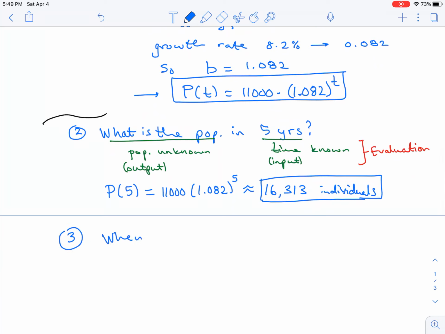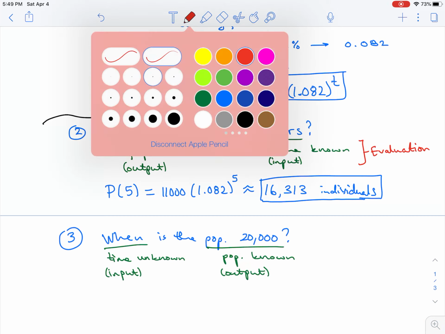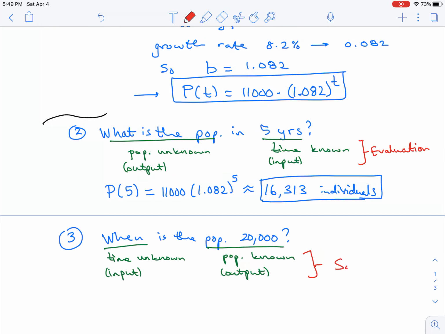Lastly, when is the population 20,000? So we look at this, population is known, population is the output, when means time is unknown, time is the input, and when your input is unknown and your output is known, this is solving.